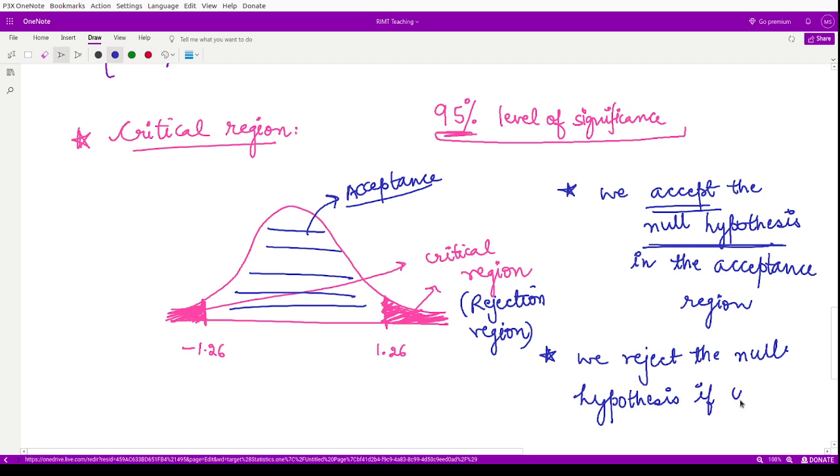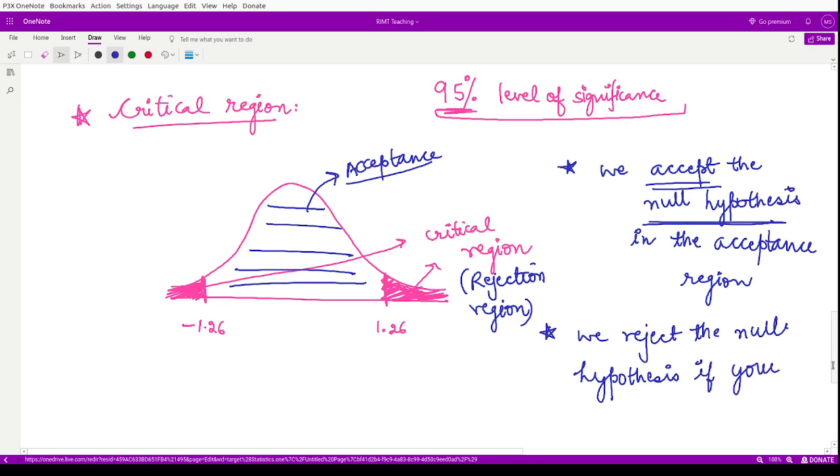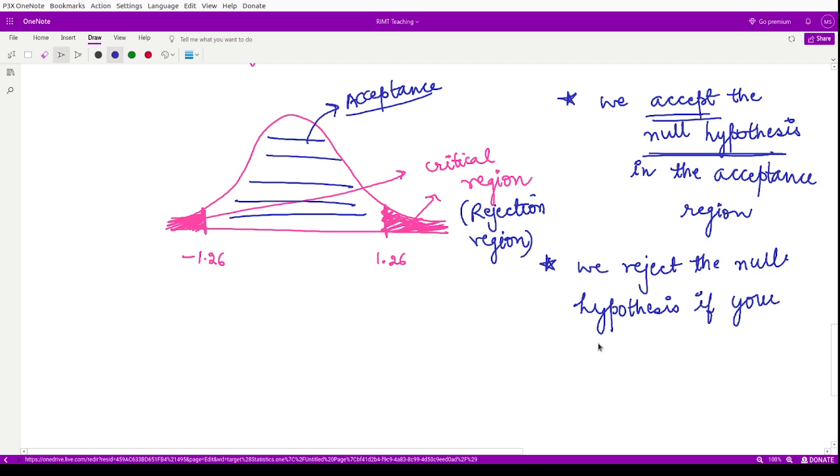We reject the null hypothesis if your calculated value, which we calculate from the test statistics, lies in the rejection region.